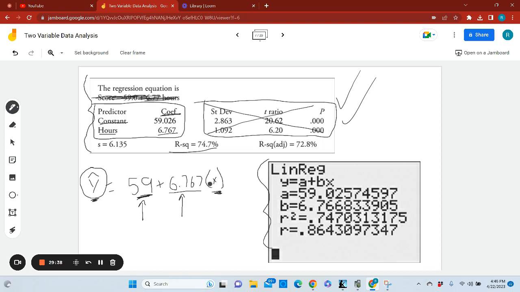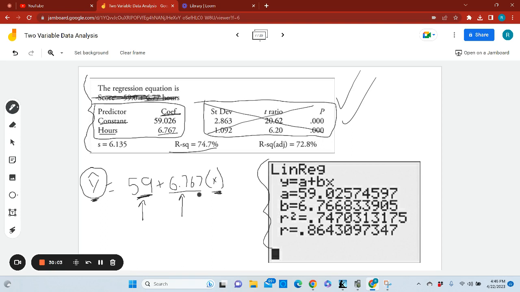Every 1 hour increase in time spent studying leads to a predicted score increase of 6.767 points. Be sure to use the word predicted, okay? There's no law in nature that says every time you study an extra hour, you're guaranteed to get an extra 6.7 points on the exam. All right. It's just a prediction.